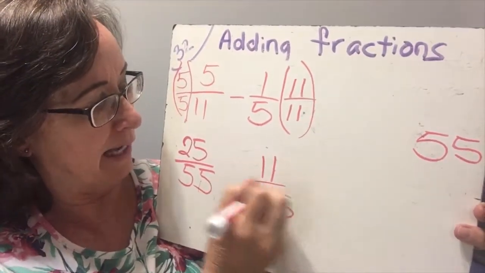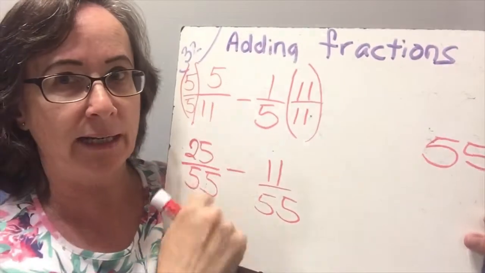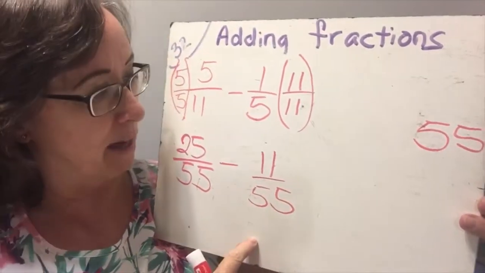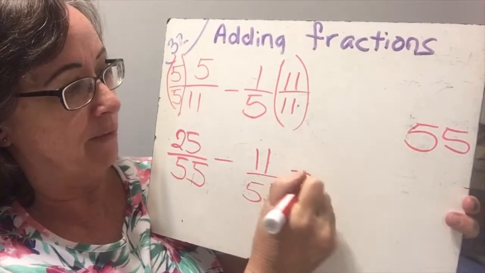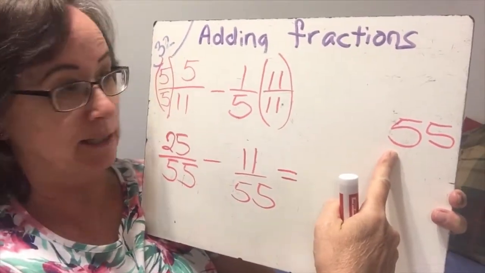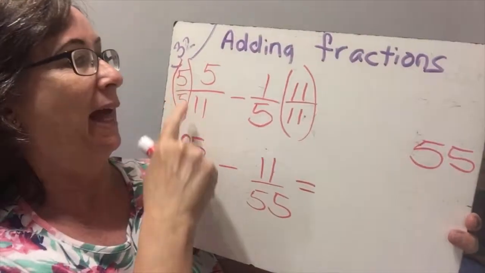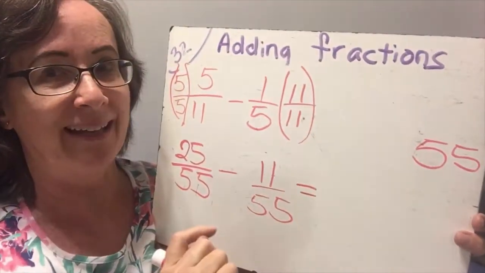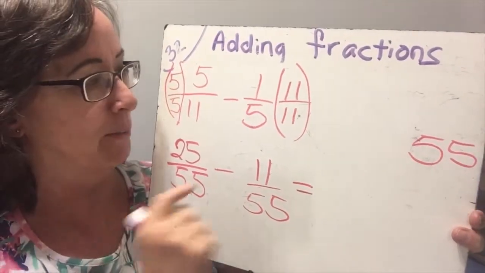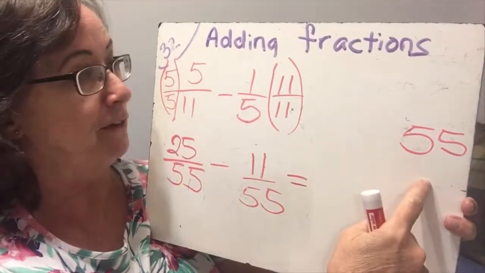So now I have done what's called writing equivalent fractions. But notice that now I have a common denominator. So now that I have figured out what my least common multiple is going to be, least common denominator, I've multiplied each one of my fractions by 1 in some form to get the denominator to 55.